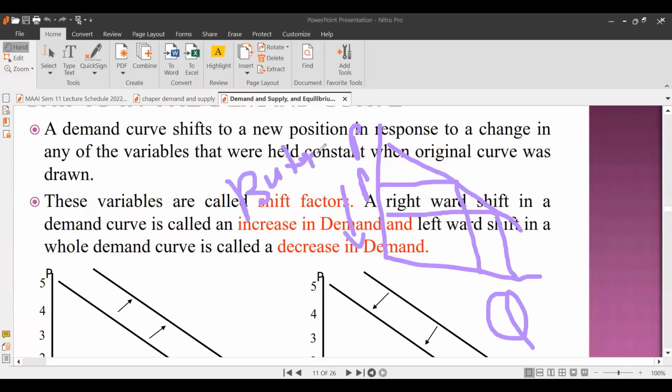what will happen? Those who are consuming margarine, if there's a reduction in the butter market, will shift to the butter market. So therefore, what will happen?